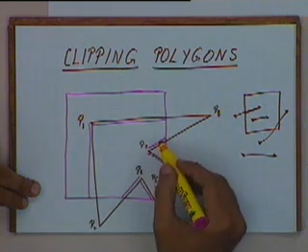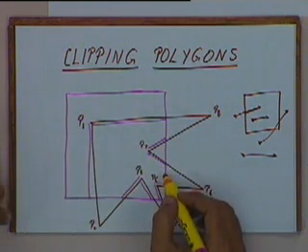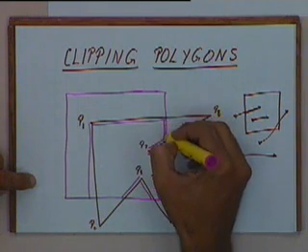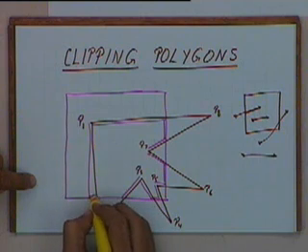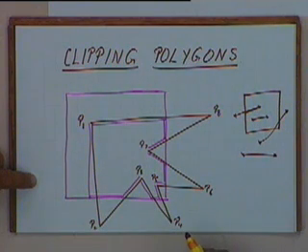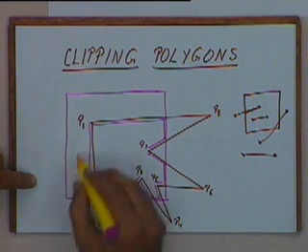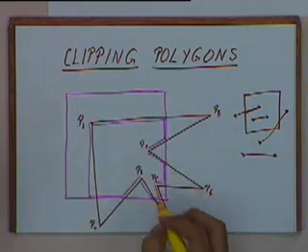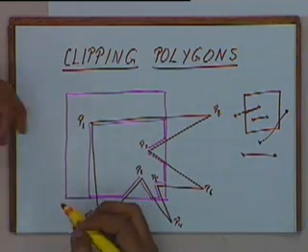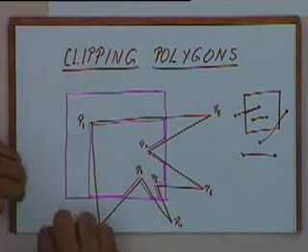If we need it to be a closed area, then finally this polygon should be clipped into a sequence of edges including these edges. Only then will it become a closed polygon.